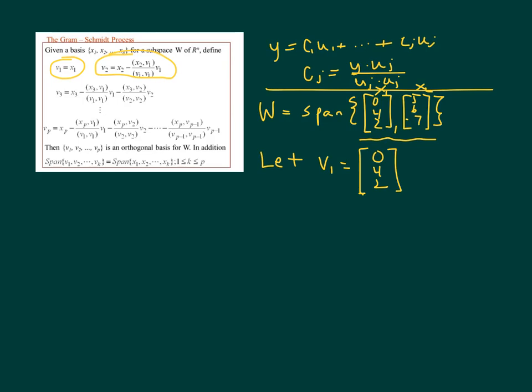And our V sub 2 we're going to find as our x sub 2 minus our projection here, x2 dot v1 over v1 dot v1 times v1.